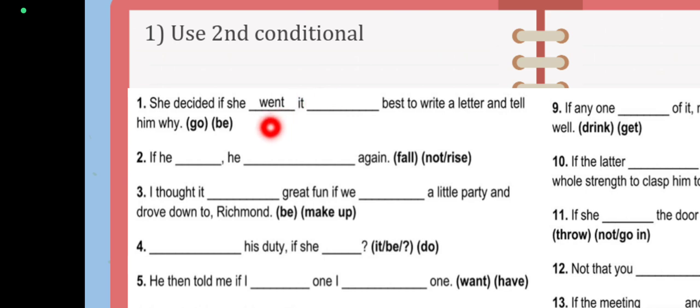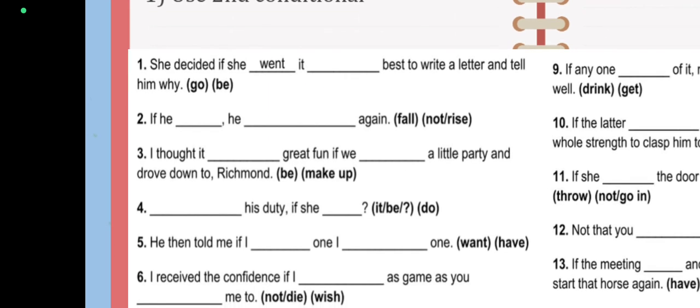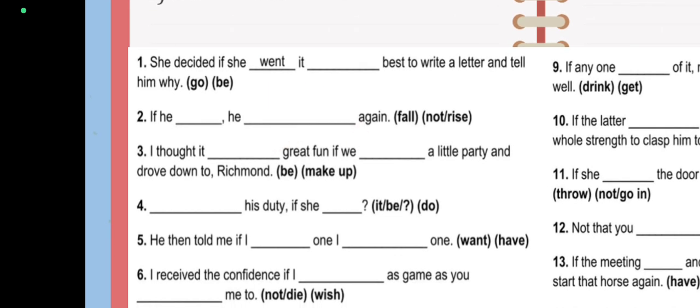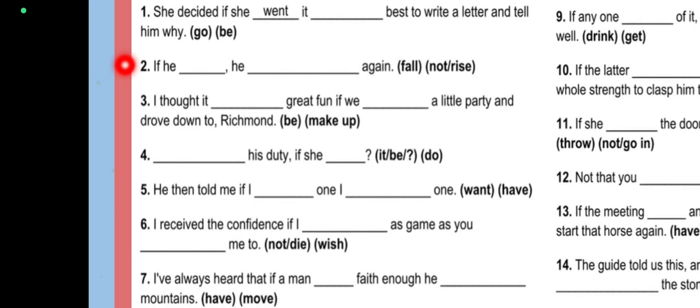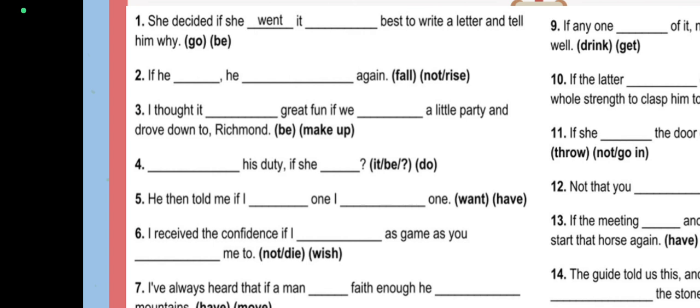So here we have, for example, she decided if she went, simple past, it would be best. You got it. It would be best to write a letter. You got it. Now, can you try? Yes. She decided if she went, it would be best to write a letter and tell him why. It's great. Can you continue?